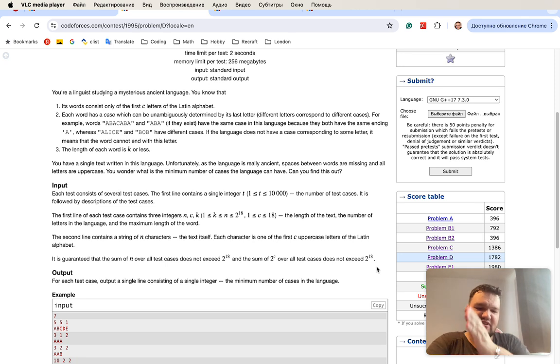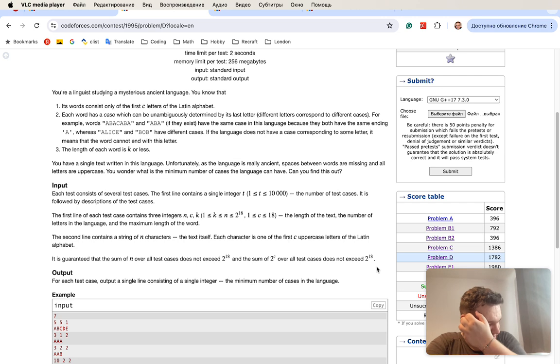Well, for every position, it will be in a word somewhere. Maybe it's not the beginning of the word, but still, from that position, the distance to the next letter that is in our ending set must be at most k.